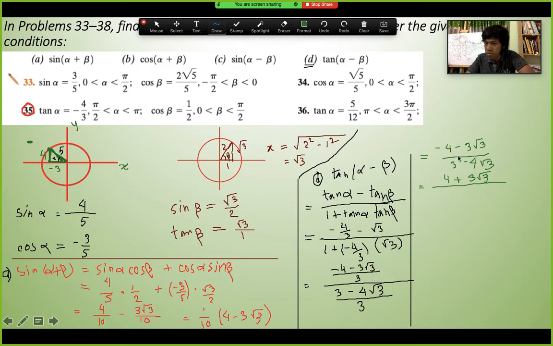This will also become positive, but this 3 is positive, so it will become negative, and this will become positive. So technically you can write this 4 root 3 first, because it became positive now. In the previous line it was negative, so in this line it will become positive, because we are multiplying up and down by a negative sign.